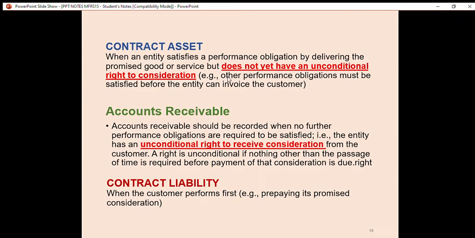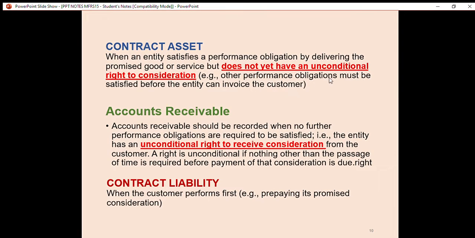So when the company has a conditional right, meaning there is a condition that must be met in order to receive payment from its customer, the company must record the transaction as a contract asset, debit contract asset and credit the sales revenue as usual.